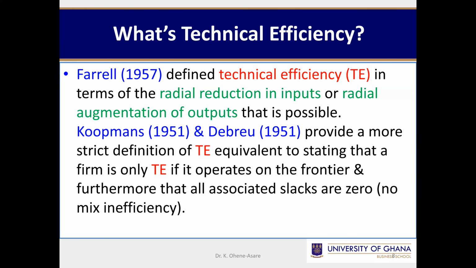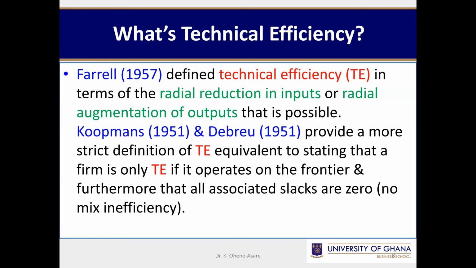I want to quickly talk about Koopmans' efficiency. Remember, Farrell considered efficiency as the input reduction or output augmentation. Now, Koopmans went further. He said that technical efficiency is not just the input reduction or just the output augmentation, but even it has to do with certain inputs or outputs that should have been considered but were not considered.